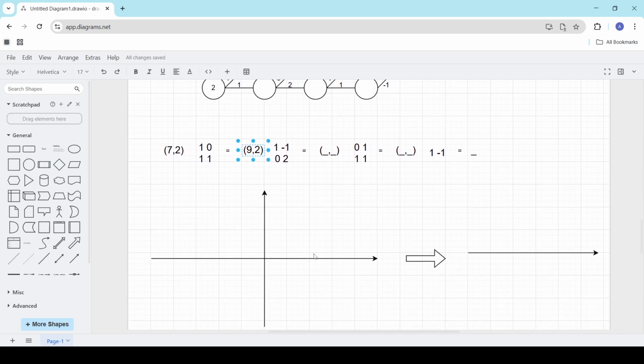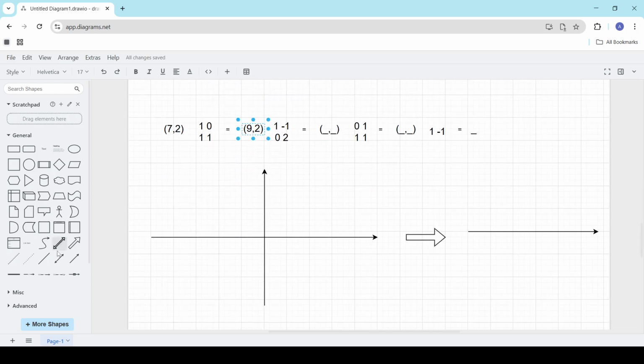And I also have here a special visualization technique that I'll show you. We begin with the first vector, 7 2. Let's say we have 7, so 1, 2, 3, 4, 5, 6, 7, and then 2. So we have something like this.